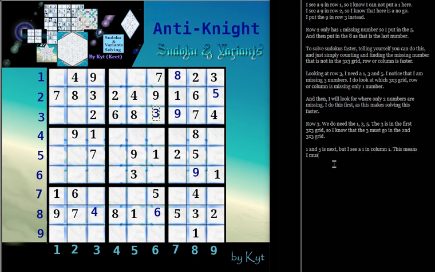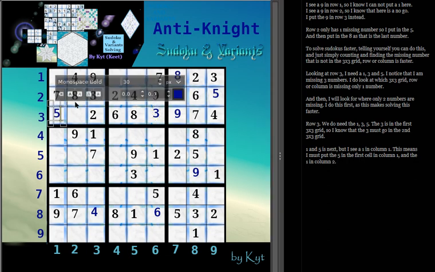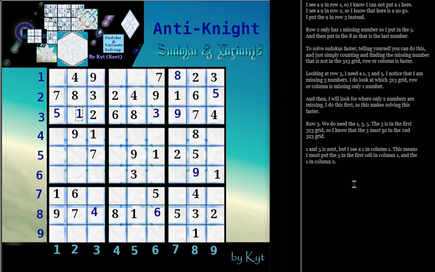This means I must put the 5 in first, in the first cell in column 1, and the 1 in column 2. This leaves us with only 1 missing number in the first 3x3 grid. We need the 6, so I put that in.